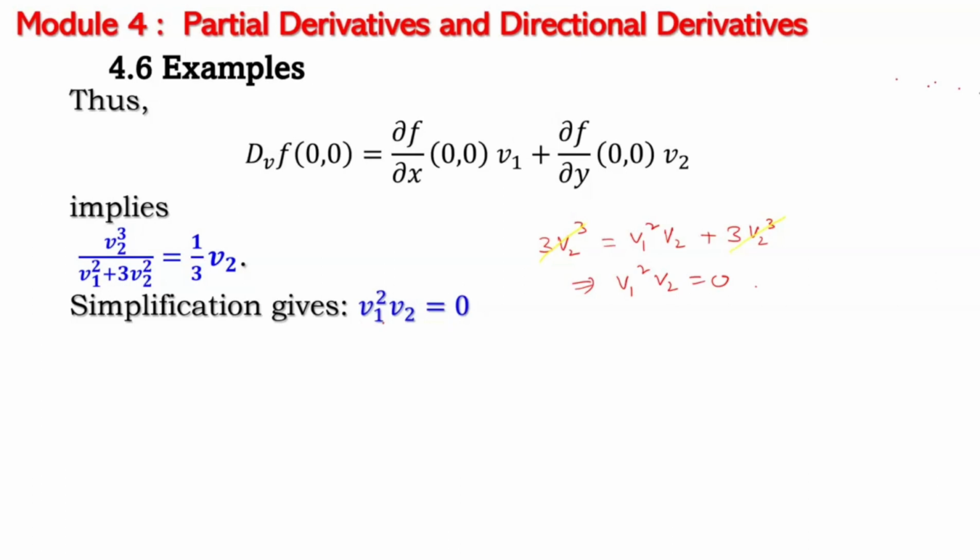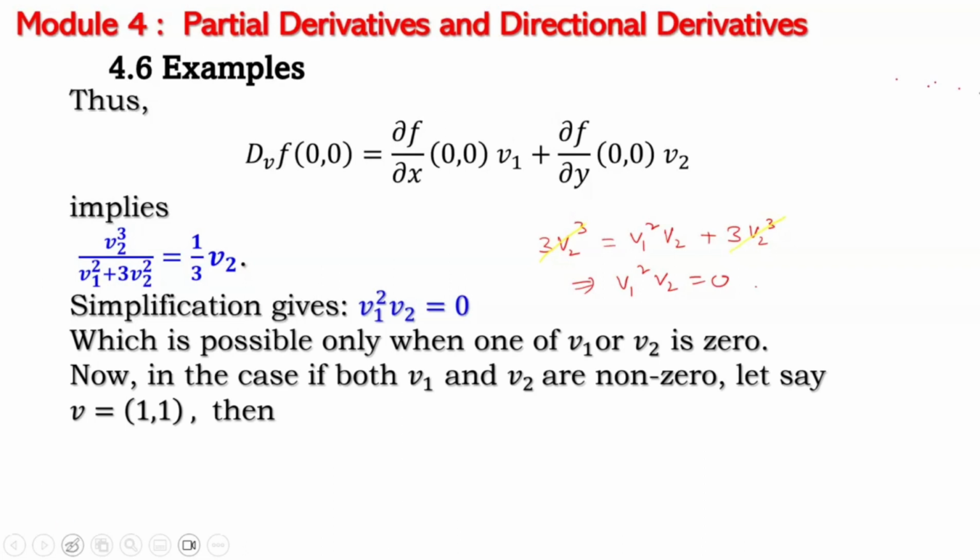Now this is possible only if v1 or v2 is 0, because v1 and v2 together cannot both be 0. But in the case where v1 and v2 are both non-zero, let's say v is equal to (1,1).